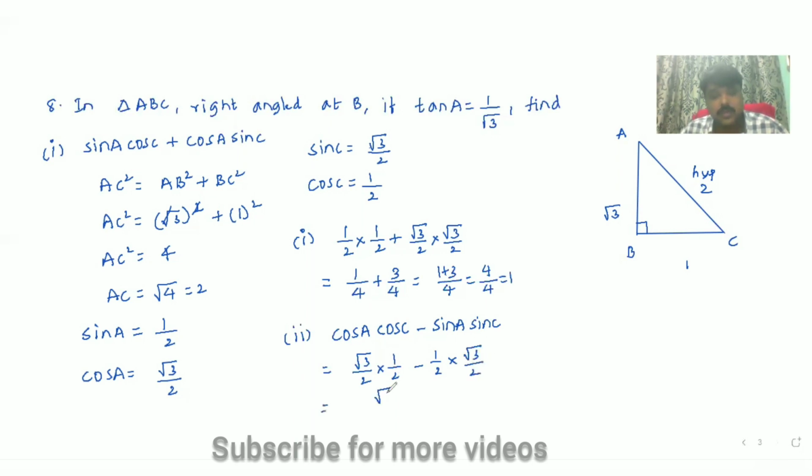It becomes root 3 by 4 minus root 3 by 4. That equals 0.